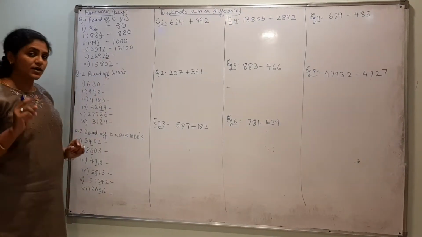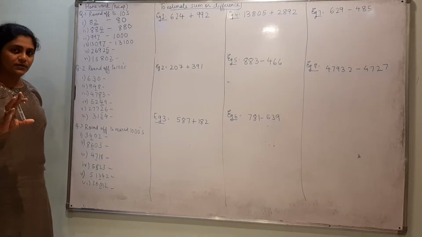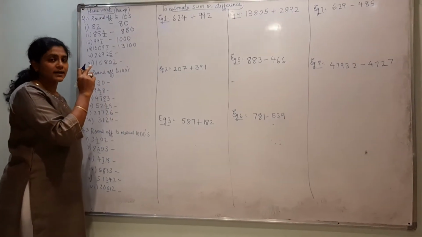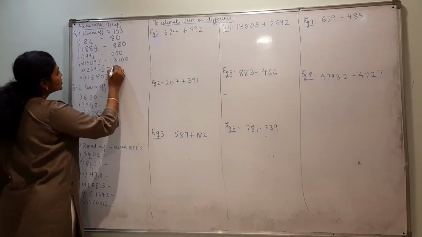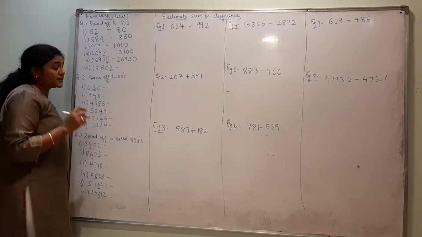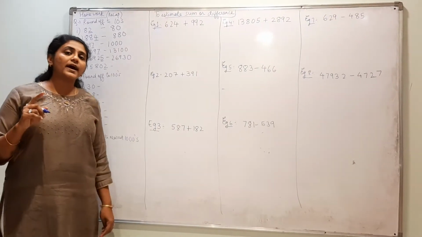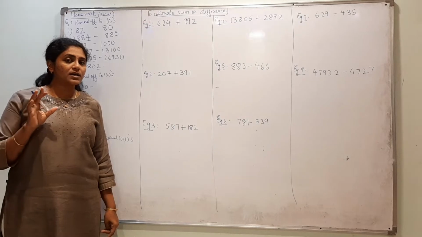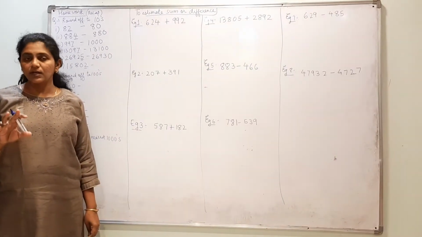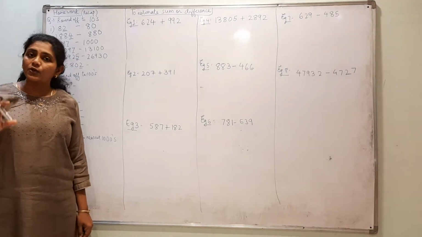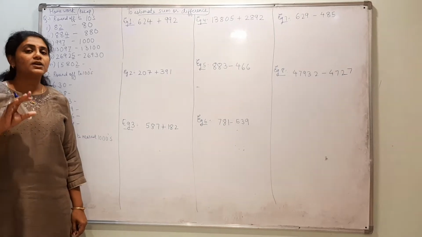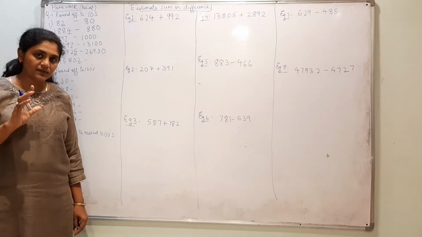So as in ones place it is 5, so you have to add 1 to the tens place, so it will be 26930. In the last lecture I discussed only about the condition when it is less than 5 or greater than 5, but if it is equal to 5, then also you have to add 1 to the next place.